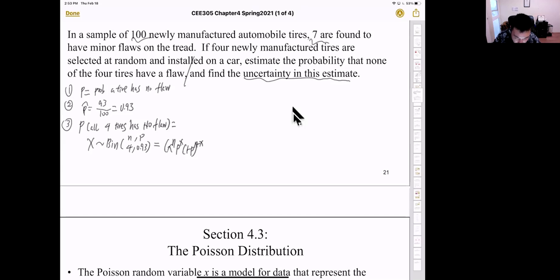So that is equal to the sample proportion to the power of 4. So no tire has a flaw: 0.93 to the power of 4. So that is 0.7481. That's the answer for the first part of the question: the probability that none of the 4 tires has a flaw.